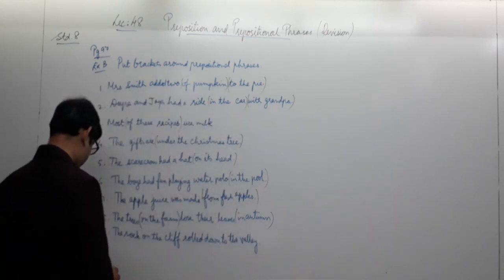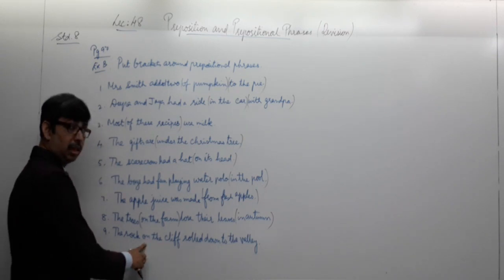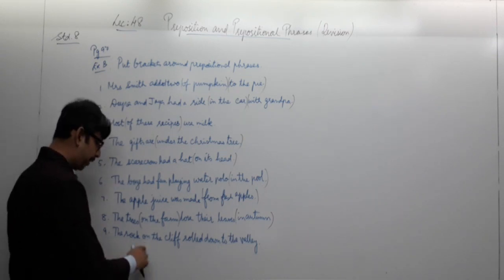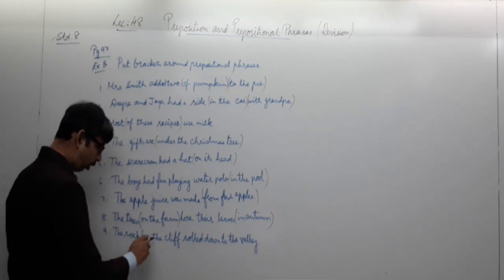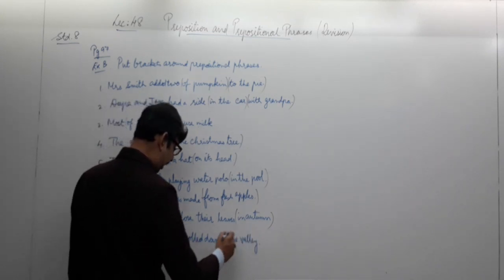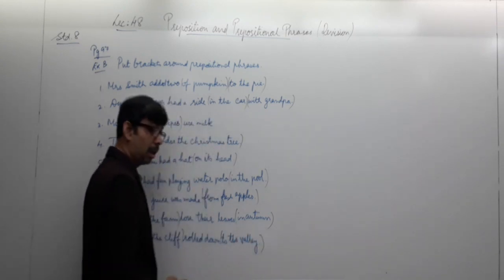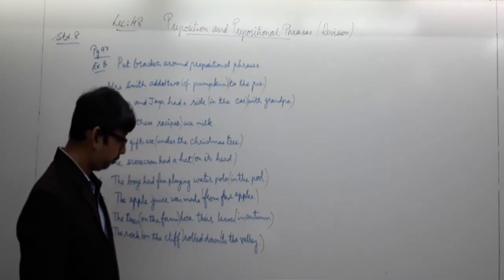Well, have a careful look. The rock on the cliff. So on is the preposition that we can identify. So beginning with on the cliff, and then the action word rolled down where? To the valley, showing the spatial relationship. To the valley becomes our second prepositional phrase.